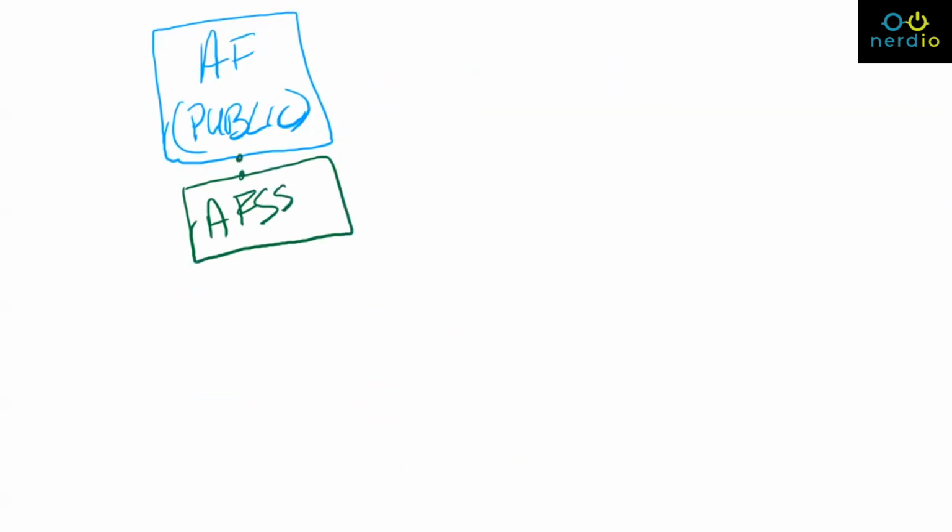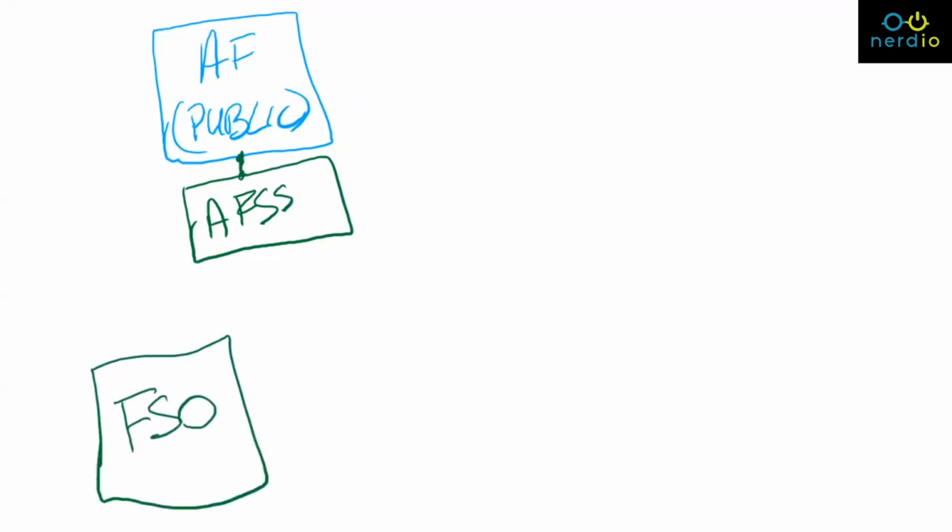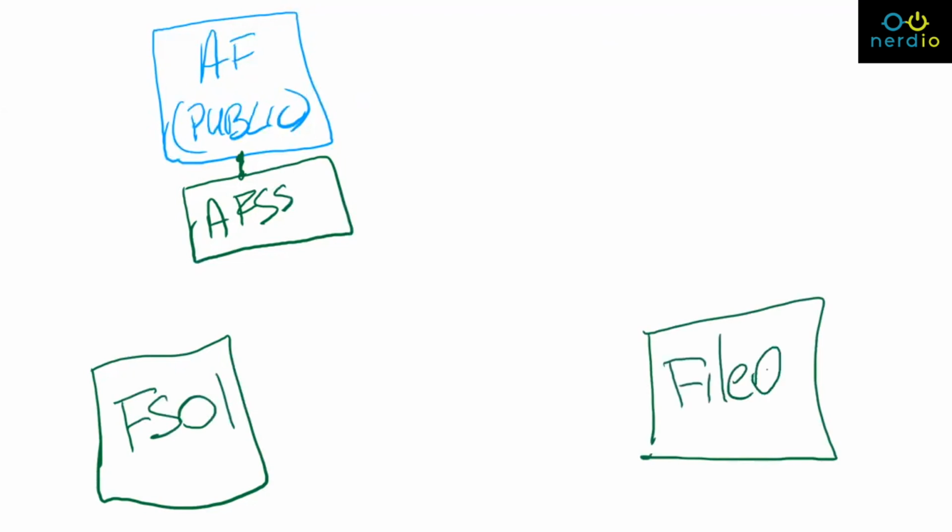And then what you do is you can create sync servers. Let's call it FS01, and let's say there's another one that's maybe on premise, call it file01. Okay, so let's say this is on-prem and this is in Azure.